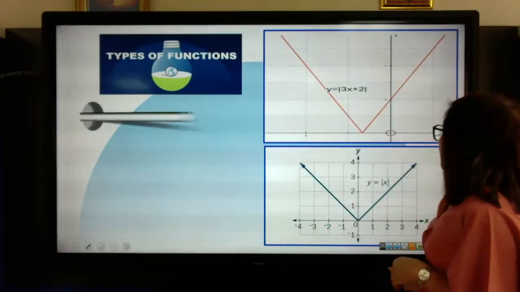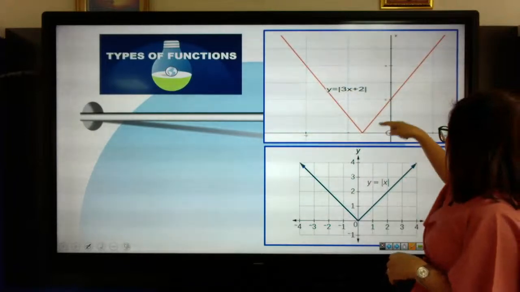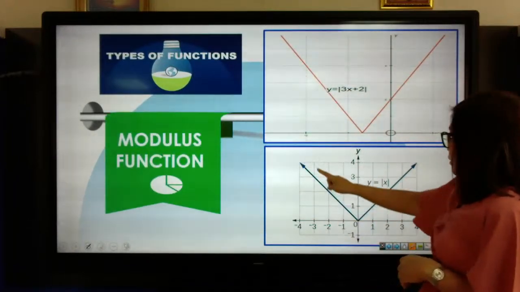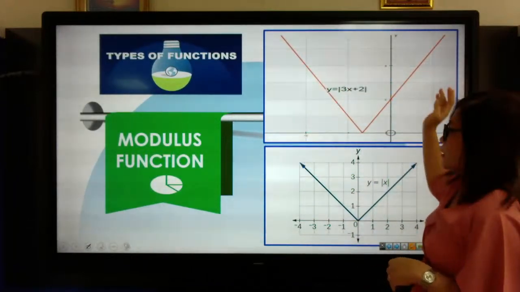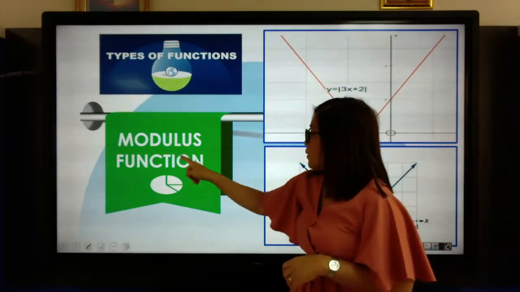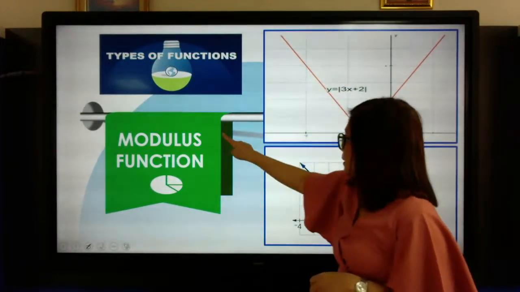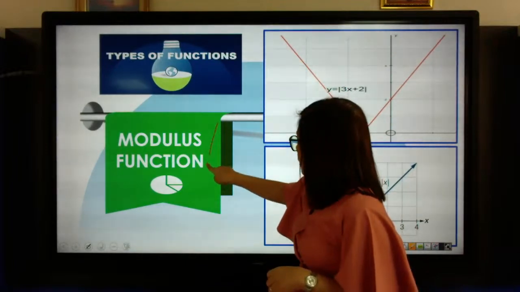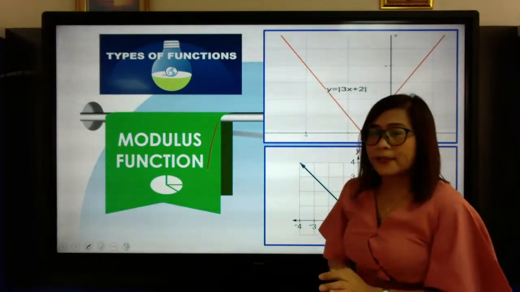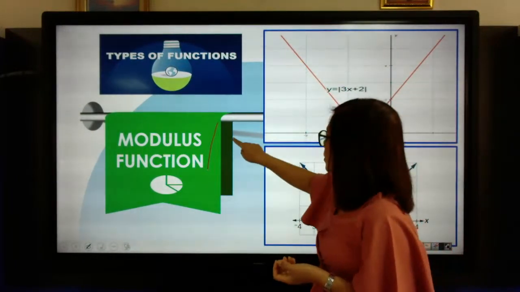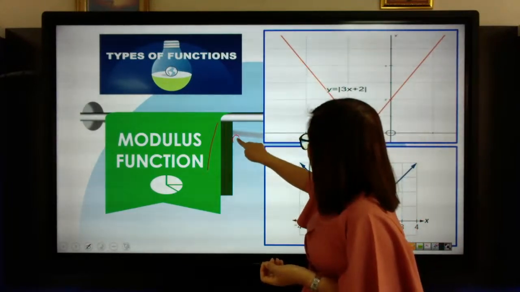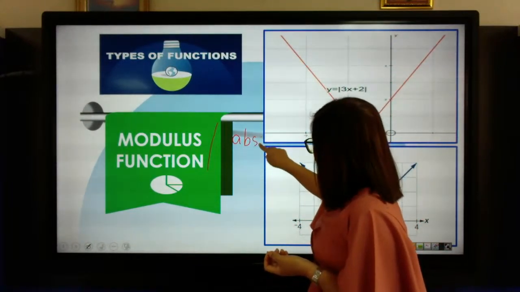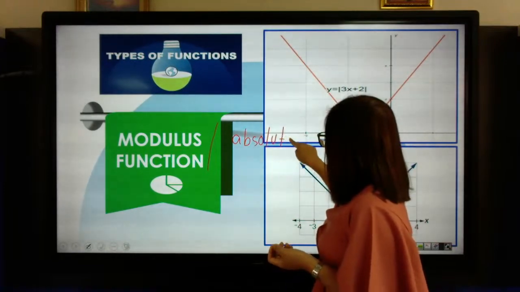Next is this, letter V. So what kind of function is this? The graph is V. It's called a modulus function. In other books or on Google or the internet, you can see this is also called an absolute value. They are the same.